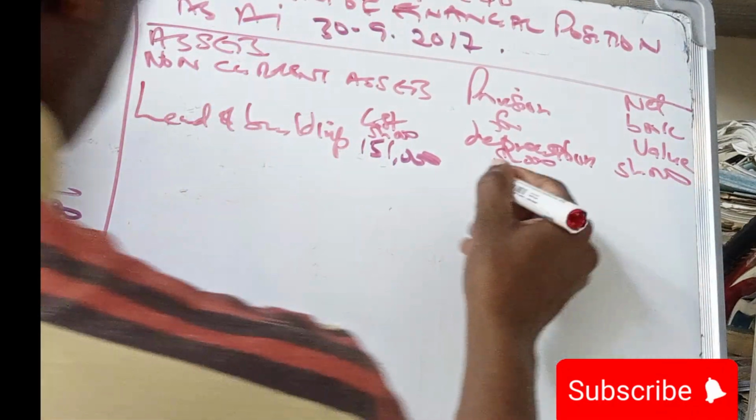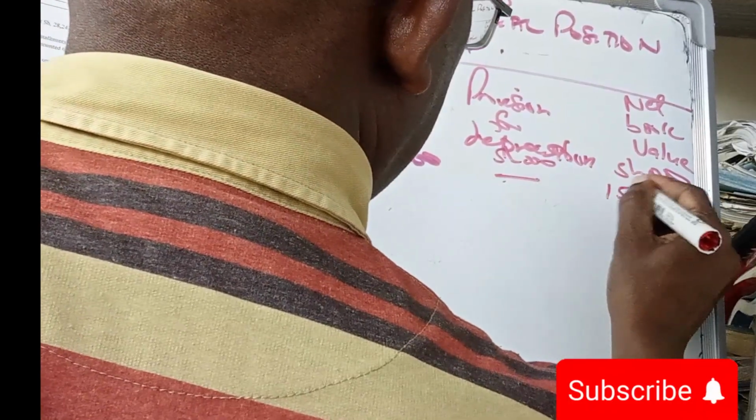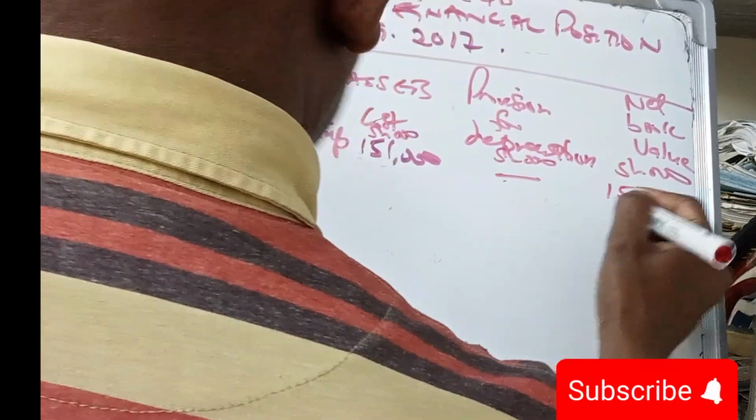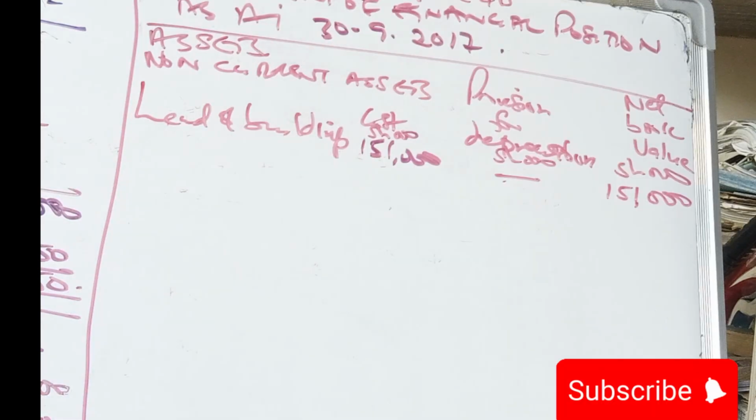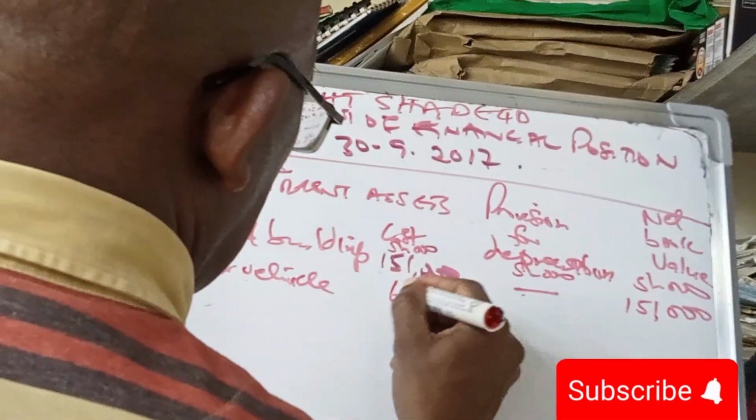Our land is not depreciated, so 151,000. The next one is motor vehicle, which we depreciated. The cost is 60,000.